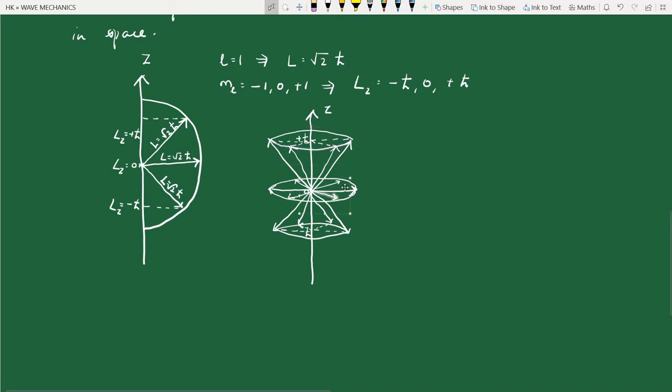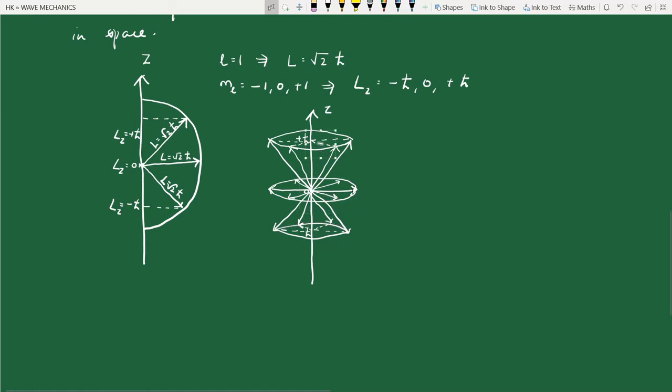Another family of vectors lies on the circle in the xy plane, so for all of them the projection Lz is equal to 0. And a third family lies on this inverted circular cone. For all of them the projection about the z-axis is minus h cross. But still these directions are quantized. Only these three sets of directions are allowed.